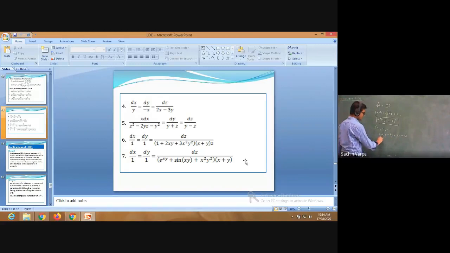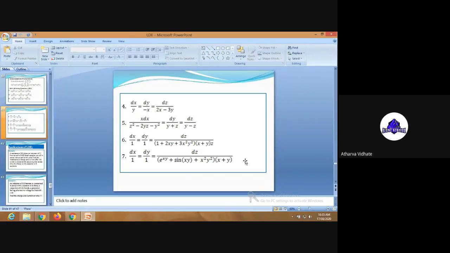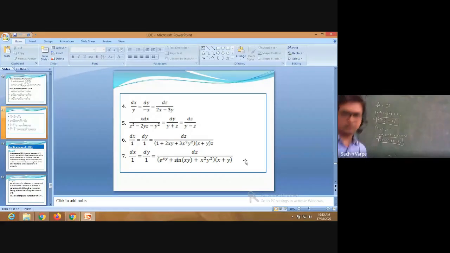Therefore, by integrating, it will be 3x plus 2y plus z is equal to c2, or c1, we can say. Is it okay? So these two combinedly represent the solution. Please ask if any doubt. Very easy. Any doubt? No, sir. No doubt. All right.